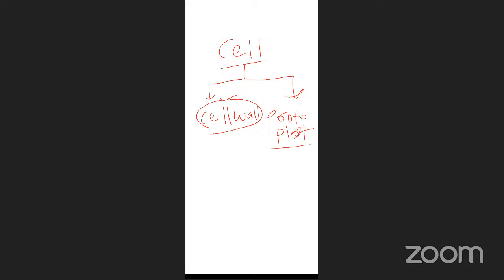For example, this is the cell. Cell wall completed. Now the entire rest of the portion is called the protoplast. Right? And again, the protoplast is classified into protoplasm and cell membrane or plasma membrane.